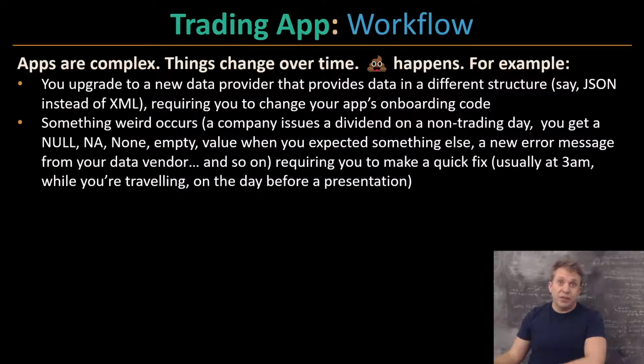Then there's edge cases. One of my favorite ones that can happen, this example comes from 2012. Hurricane Sandy, when Texas Instruments issued a dividend during a non-trading day because the market was shut down because of Hurricane Sandy. So there's no market price on that day.